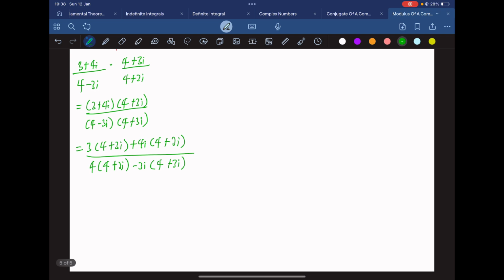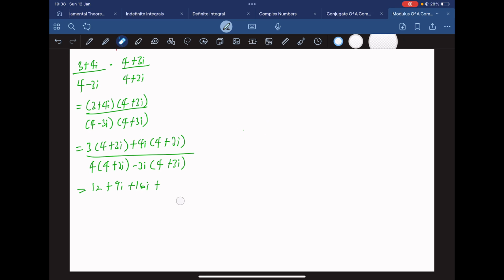So let's go through it together. 3 by 4, we get 12. 3 by 3, we have 9. 4 by 4, we have 16. And the last two terms, this by this, we have positive 12i squared. So 12i squared just simplifies to negative 12, remember.